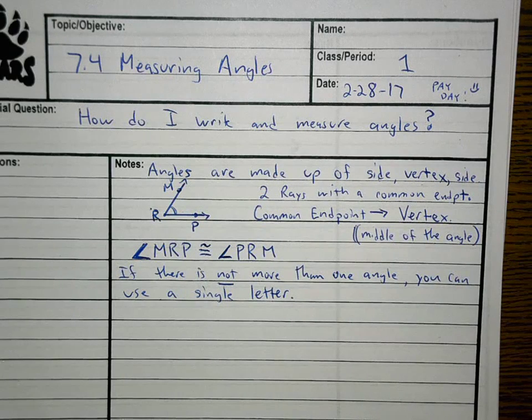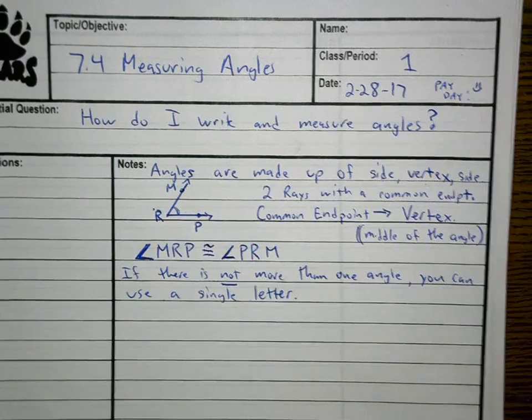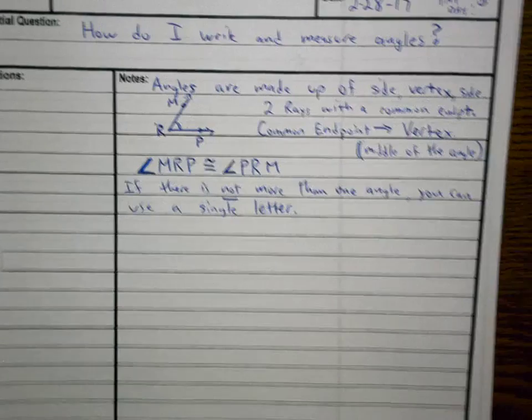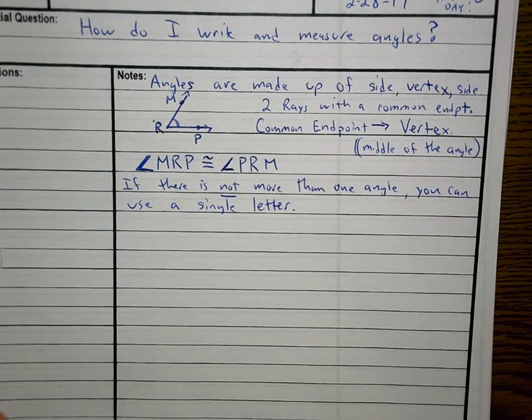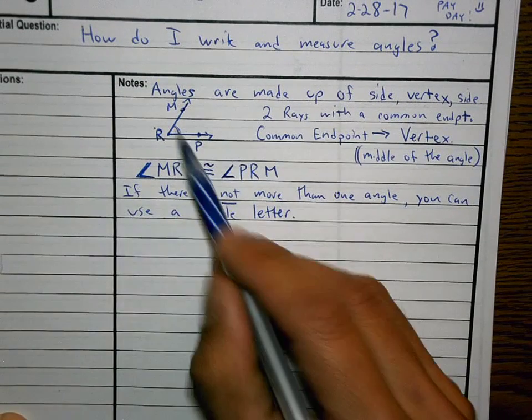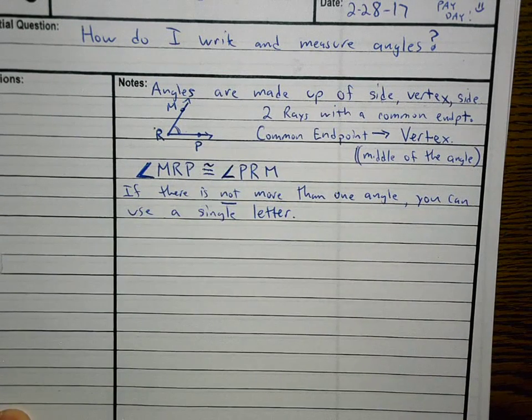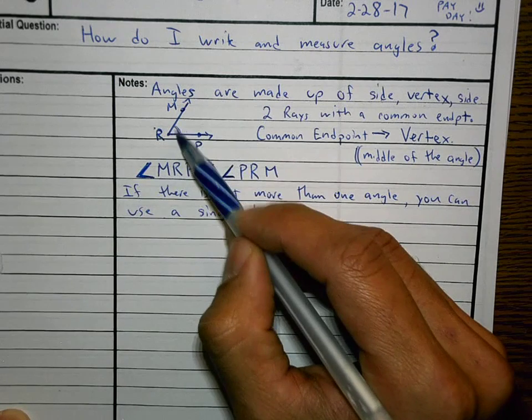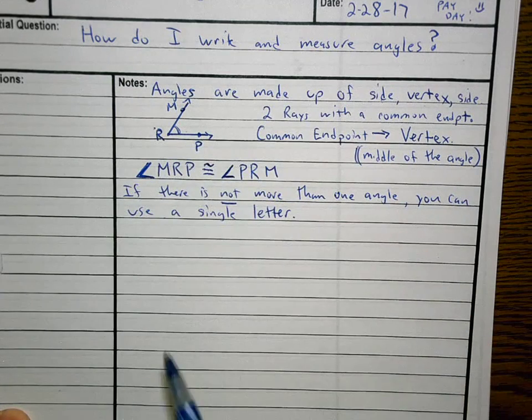So in this case, if there's not more than one angle, you can use a single letter. This is one angle. I only see one angle here. I can use a single letter.